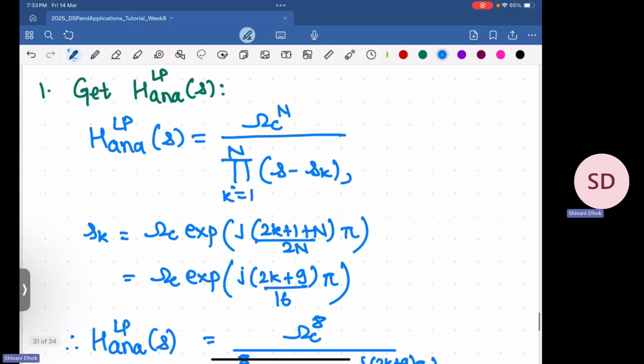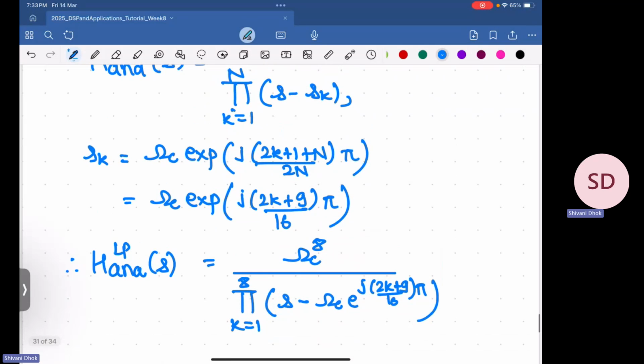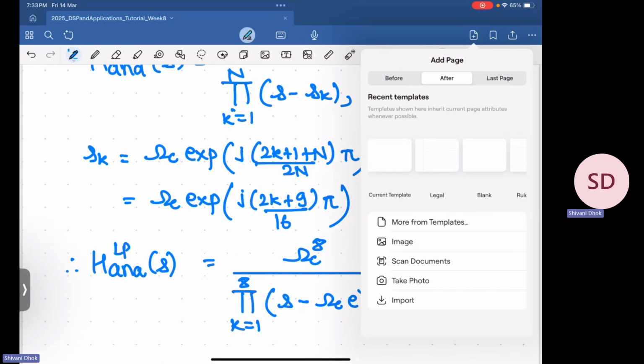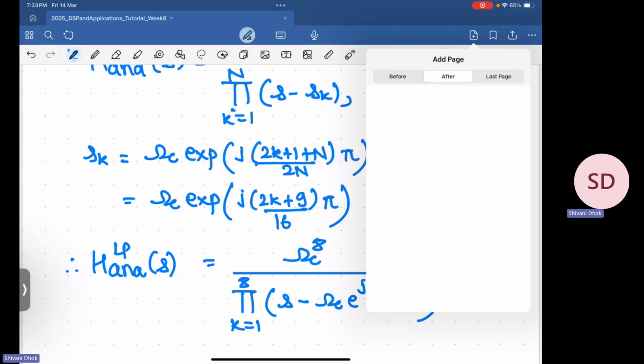The next thing that we need to do is get the analog transfer function for the band pass filter.